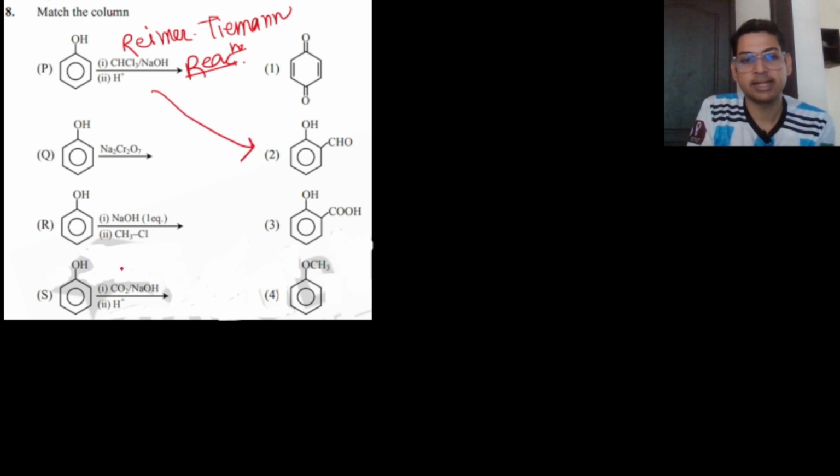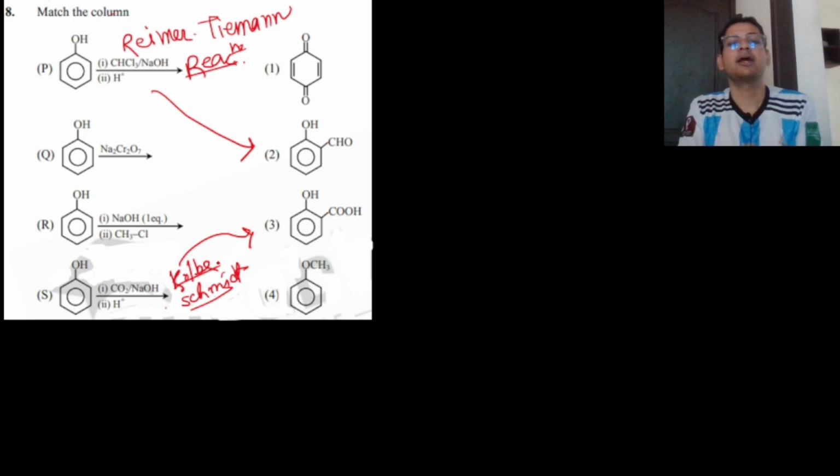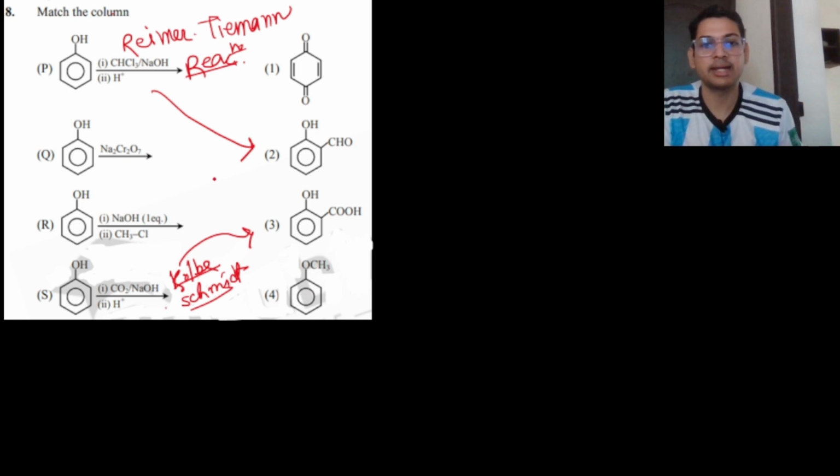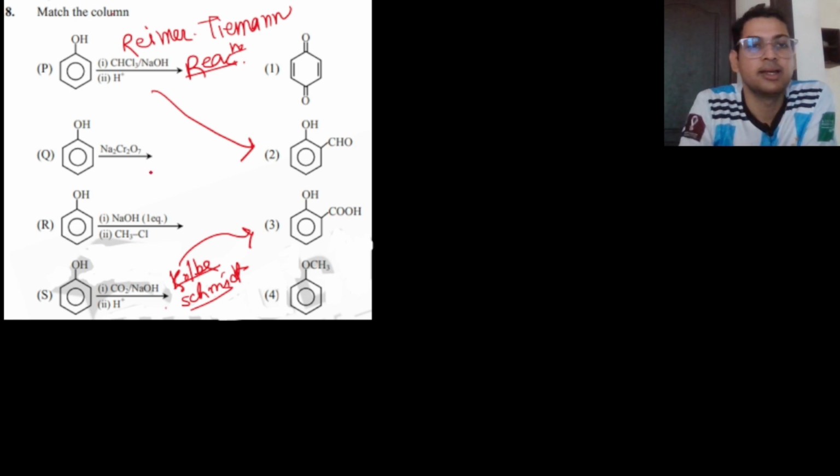Then the last one is the Kolbe-Schmitt reaction, and from there, sir, I got salicylic acid. Now NaOH and CH3I, I will get anisole, and here it's an oxidation. Okay, understand? Now go to the next page.